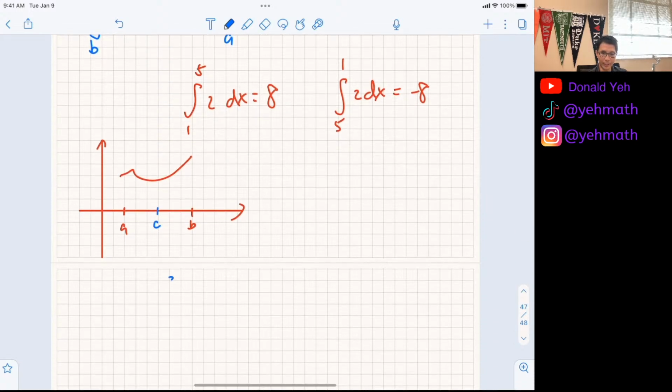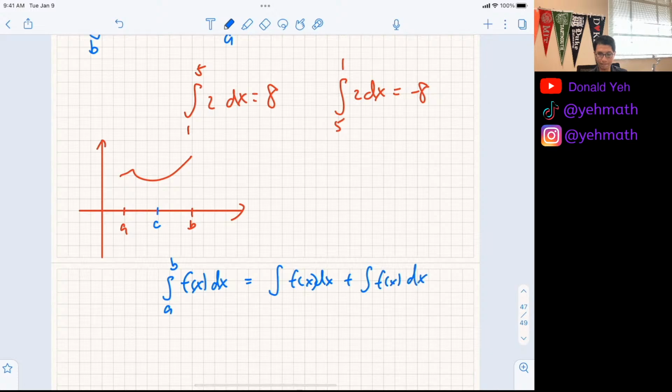So integration from A to B of f of x dx is equal to two integrals. Do you know the boundaries?